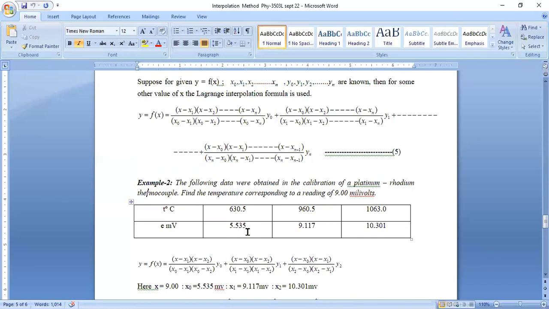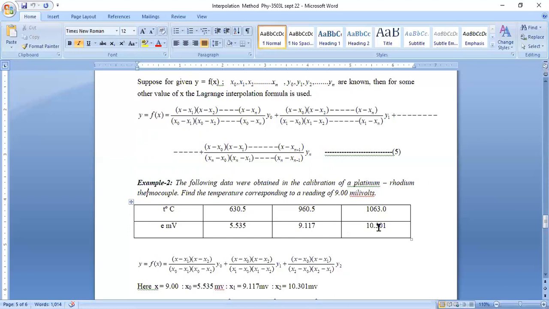These are the results given to you. X0 is 5.531, X1 is 9.117, and X2 is 10.301.